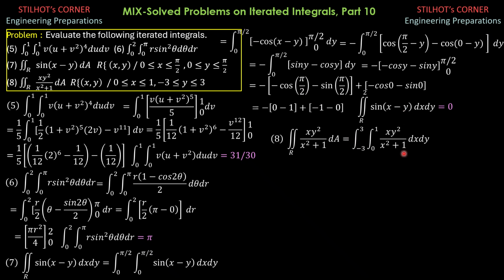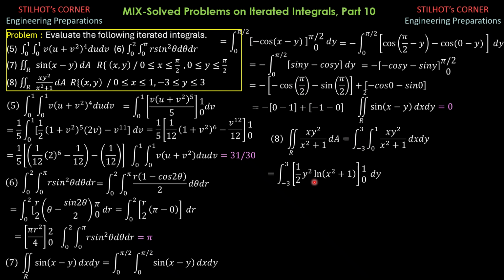Then the differential is 2x dx. So we introduce 1 half. So this is 1 half ln of x squared plus 1, then times y squared, which is constant. So the integral from negative 3 to 3 of 1 half y squared ln of quantity x squared plus 1 from 0 to 1 dy.